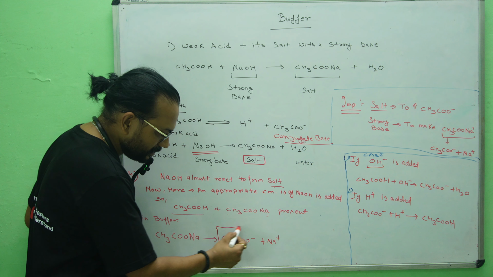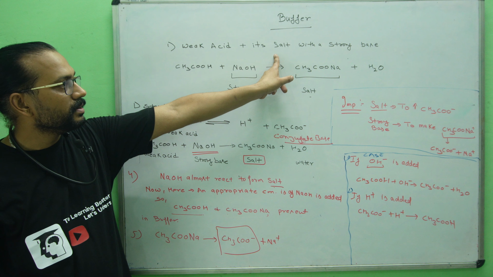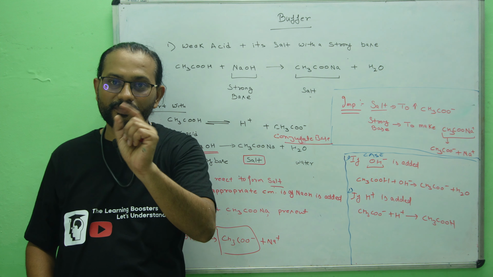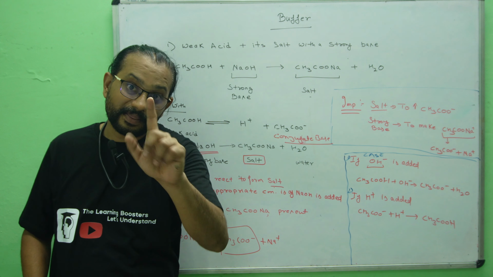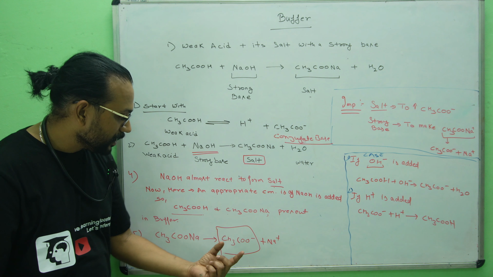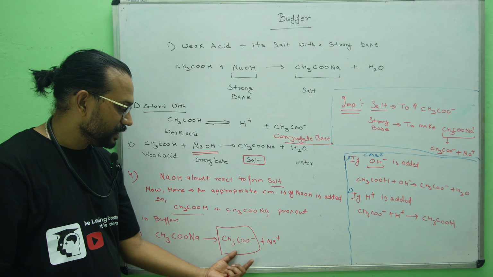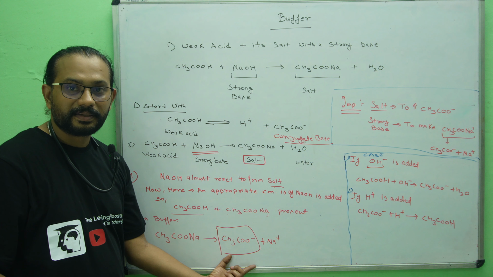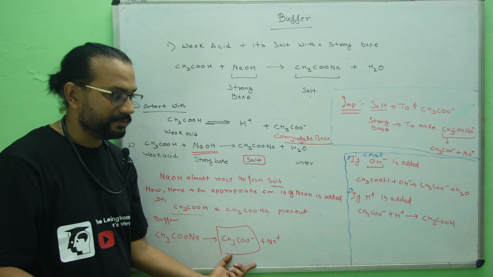That's why we say weak acid plus its salt with a strong base. I guess it is clear why we add a strong base, and that too in an appropriate amount, so the required concentration of CH3COO−, the conjugate base, can be achieved.